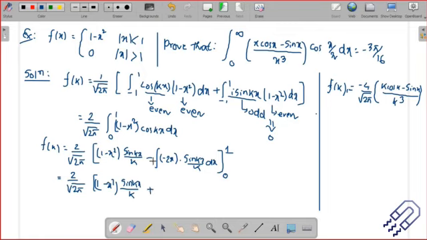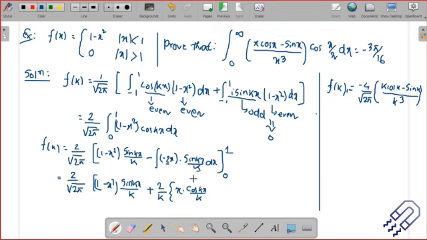And minus will become plus, this minus and this minus will become plus. 2 I can take out, 2 divided by 3, and again x sine kx. So again 2 times x will be there, and when we integrate sine kx, it will be cos kx divided by k.